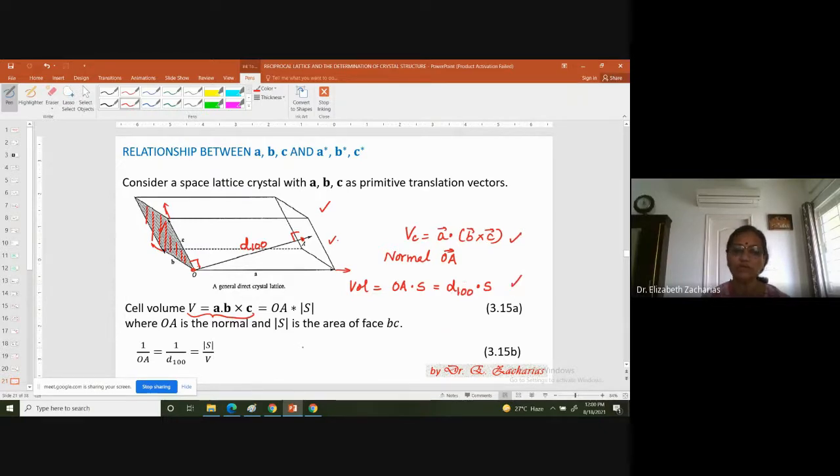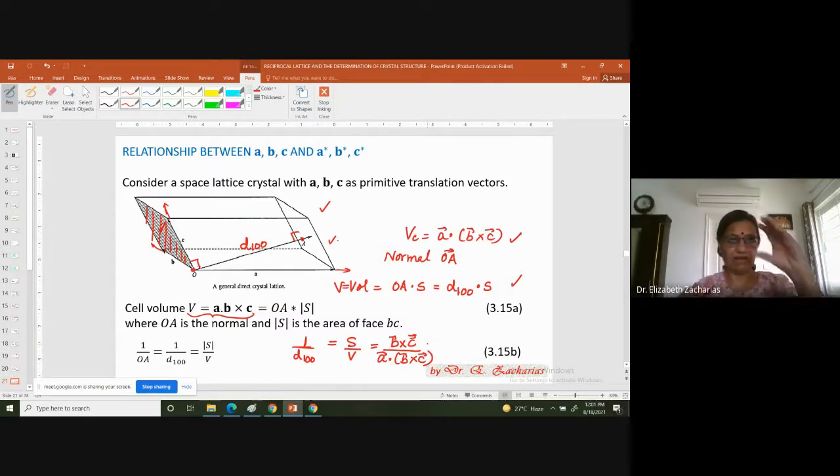When you equate these two, you will get 1 by d100 equal to S by V. And what is S? S is b cross c, the area of the base. And what is volume? Volume is a dot b cross c. So I'm getting the reciprocal of the spacing equal to b cross c divided by a dot b cross c. Is this step clear?